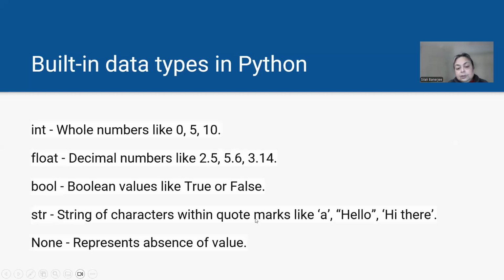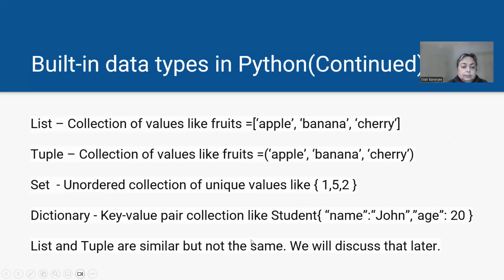In that case, whoever that variable is representing is not a student. So there are more built-in data types in Python. Those are non-primitive. In the previous list, only string was non-primitive. Rest all were primitive. So actually, None can work both as primitive and non-primitive, but rest all are primitive.